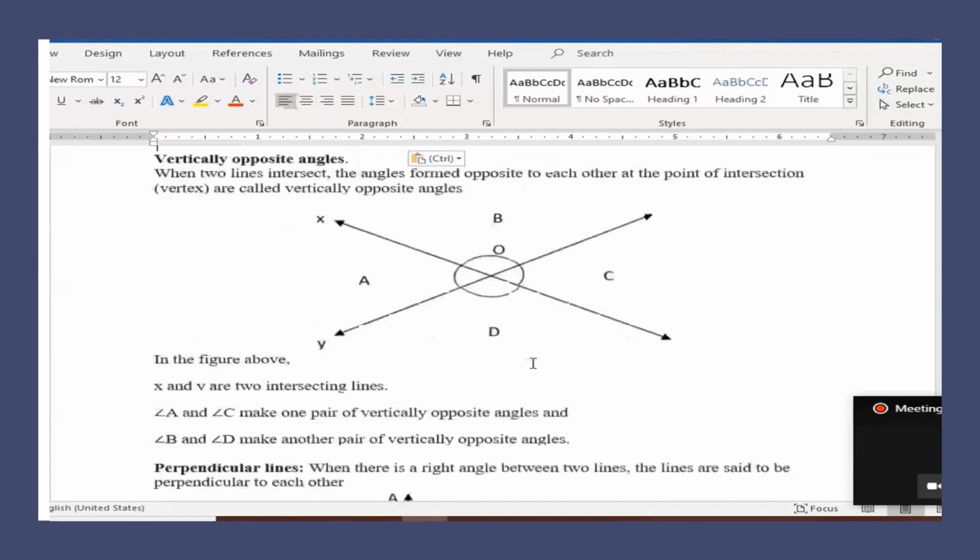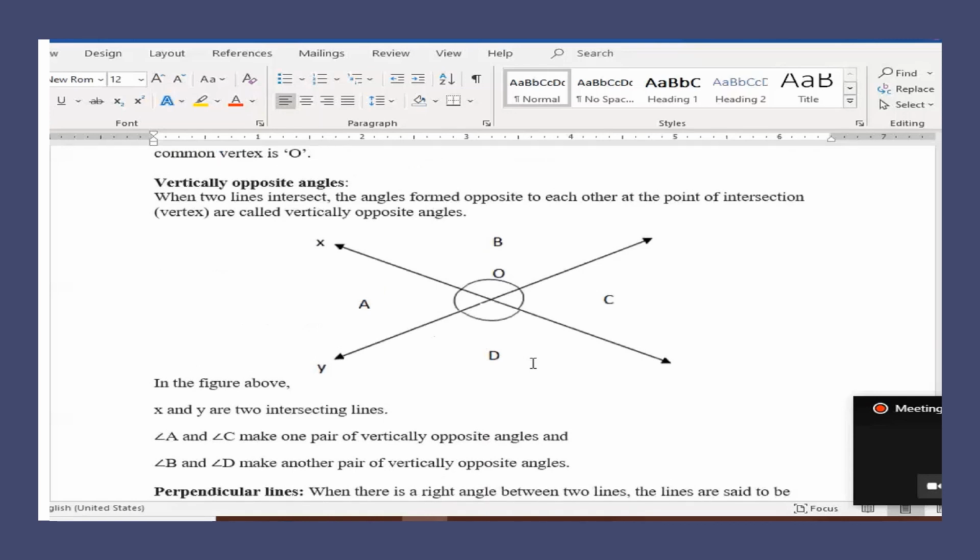Just because something is adjacent does not mean that it cannot carry a specific other name. If it adds up to a specific number, like 180 or 90, then we have to consider that it also carries a different name, like supplementary or complementary, because of the way that it is, right?